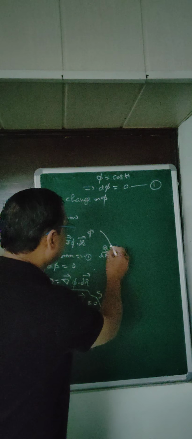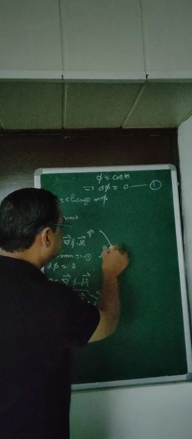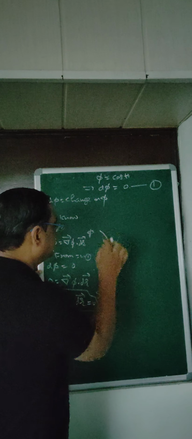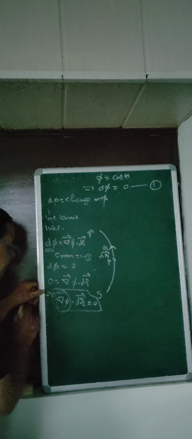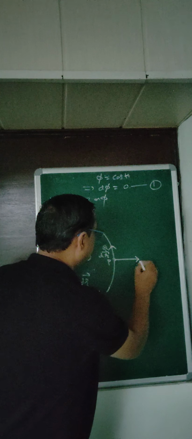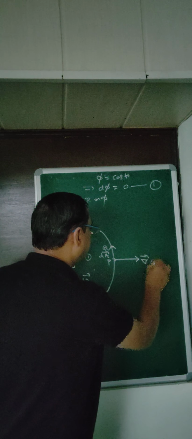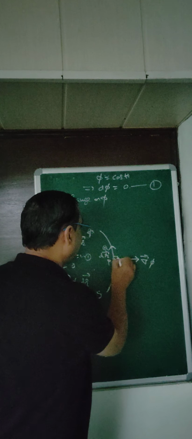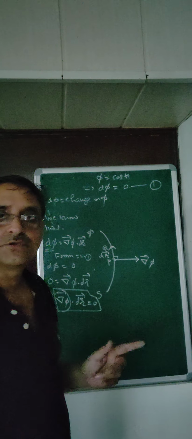So dr is pointing in this direction. You see dr, this is almost from here to here. This is a small section of this, this is dr. Now if you want to write where this vector del phi will be, dr तो आपका ये जा रहा है, तो del phi कहाँ पे होगा? ये dr के perpendicular में आएगा. So we can mark that del phi should be, that is why this angle will be 90 degrees, because their dot product is coming out to be 0.